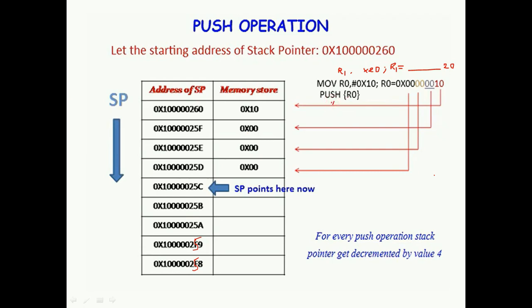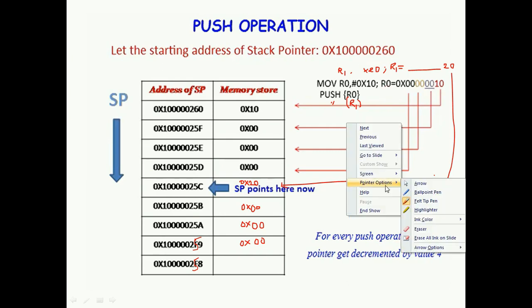If I perform push on R1, then the last byte of R1, that is 0x20, will be pushed, followed by 0x00, followed by 0x00, followed by 0x00. So the 32-bit push on R1 content is over.